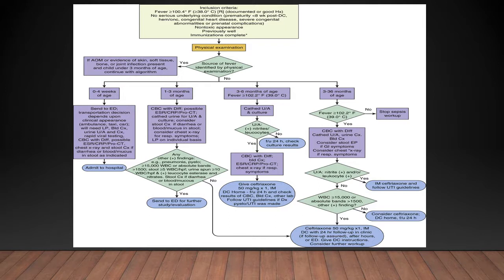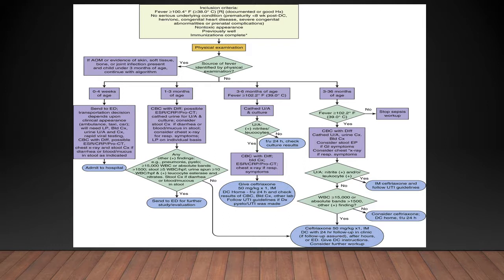No serious underlying condition, including prematurity, and less than 8 weeks post-discharge. Heme oncology or congenital heart disease, severe congenital abnormalities, or prenatal complications. Any child that had any of those conditions, this algorithm would not apply to them.